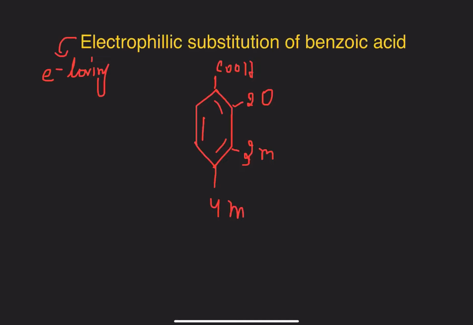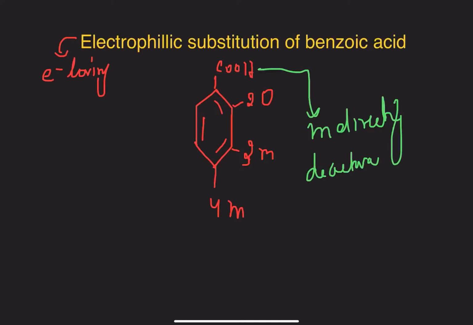Now from your class 11th organic chemistry, you know that COOH is a meta directing group. It is a deactivating group. It is an electron withdrawing group. These are all things you should know from class 11, which means that this will direct the incoming electrophile to the meta position, that means here at the third carbon.